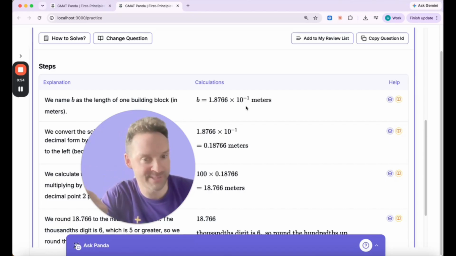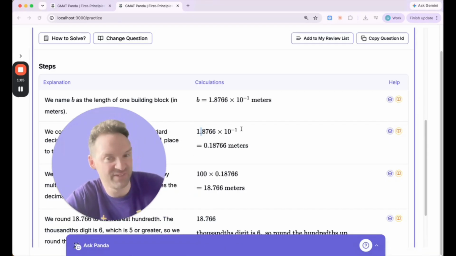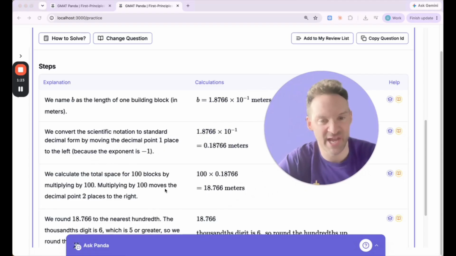All of those are the same thing as taking the decimal point and moving it one step to the left, right? Because we're effectively dividing by 10 here. And given that there's nothing in front of the 1, right, we need to put a 0 afterwards. So we get 0.18766. Okay? So that's the first step.